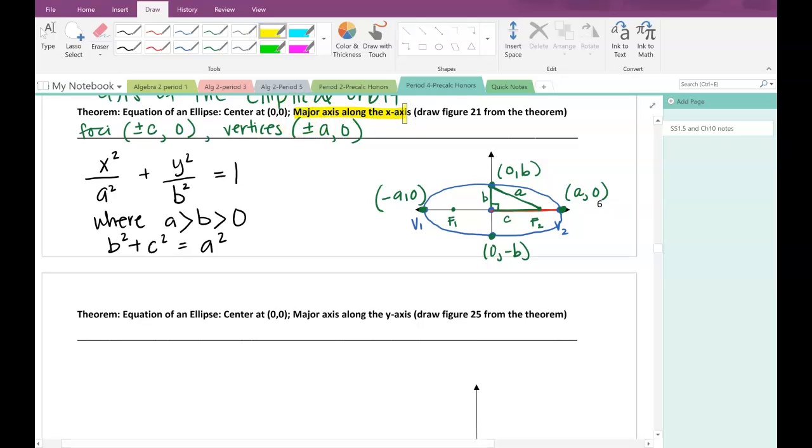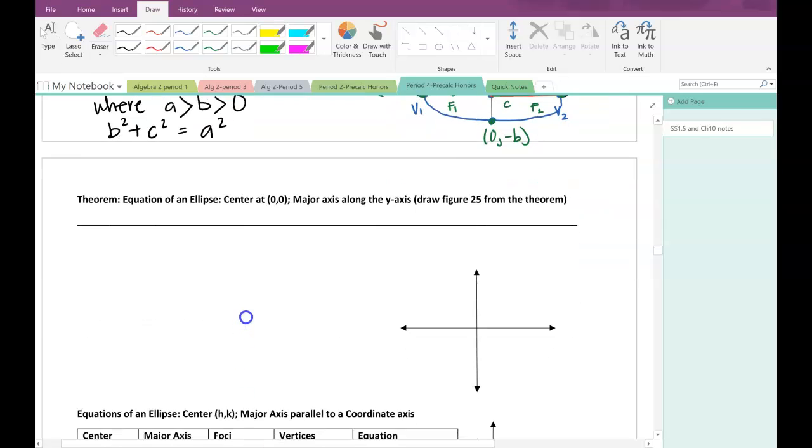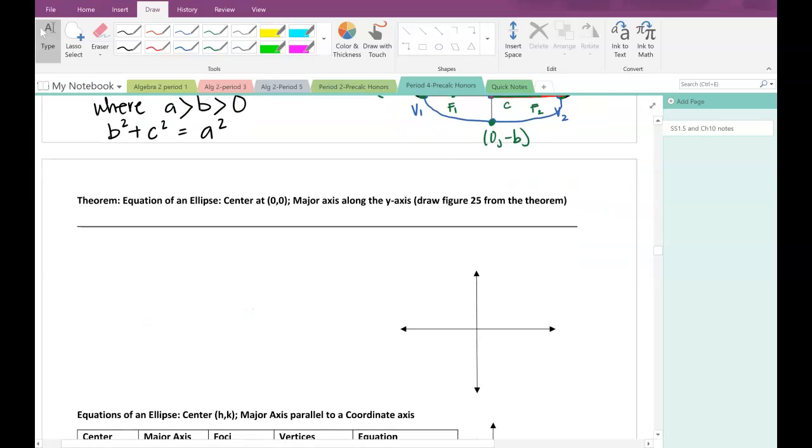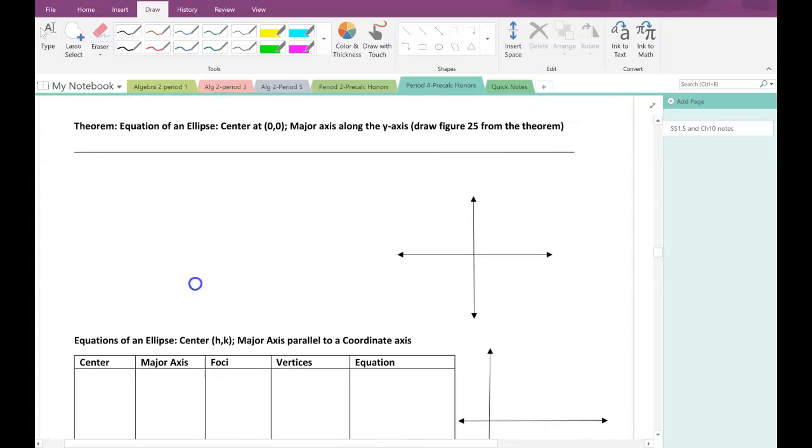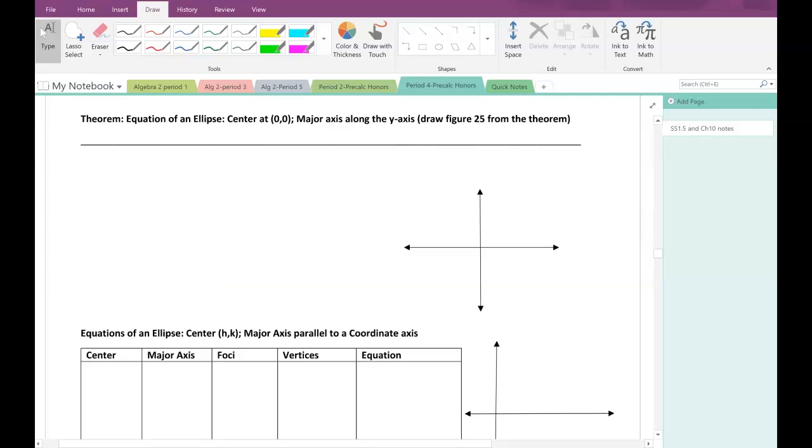All right, now let's go and do the next theorem. This one says the center is still at 0, 0, but now this time the major axis is on the y-axis. So this is more vertical. Okay, so this is 0, 0. Now I'm going to make a dot here. So let's call that vertex 1.